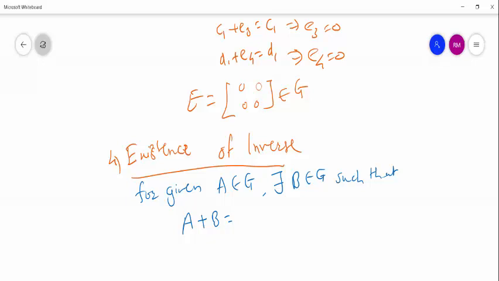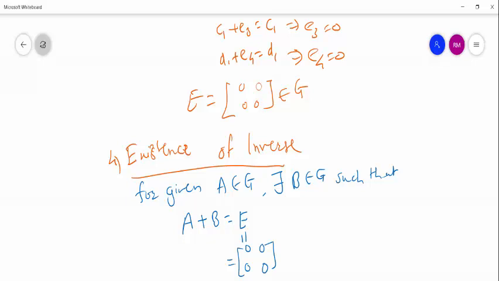Note that this inverse property we can verify after the property of identity. So what is E? From the third property we already know E is 0, 0, 0, 0.